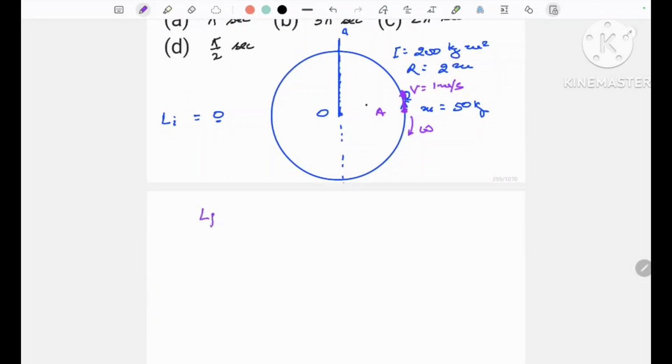The final momentum will be the momentum of the person with respect to O, mvr, and the momentum of this platform, I omega.